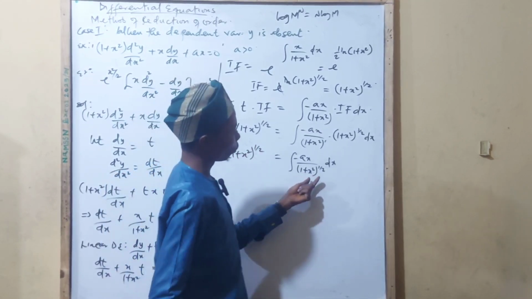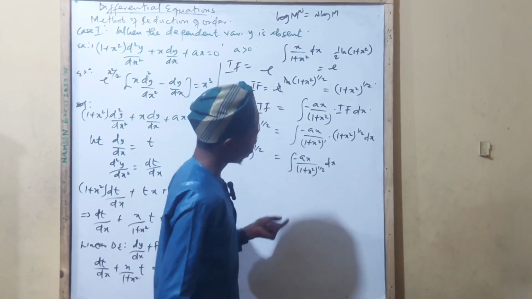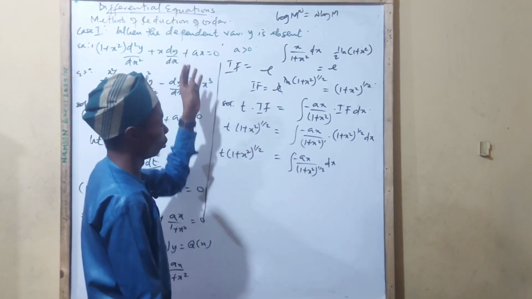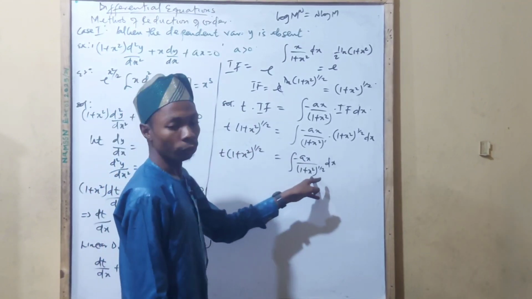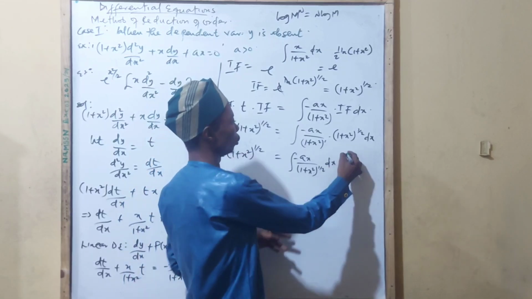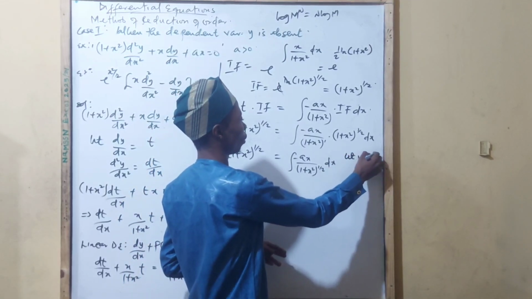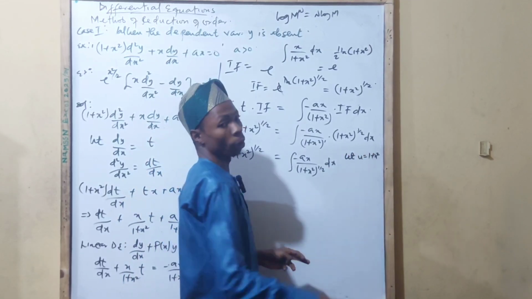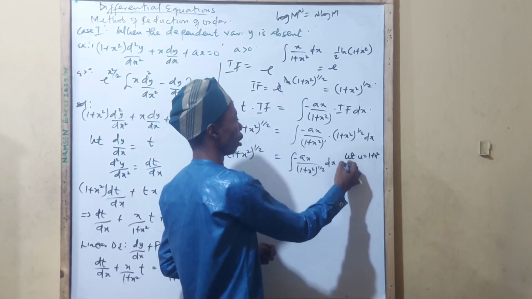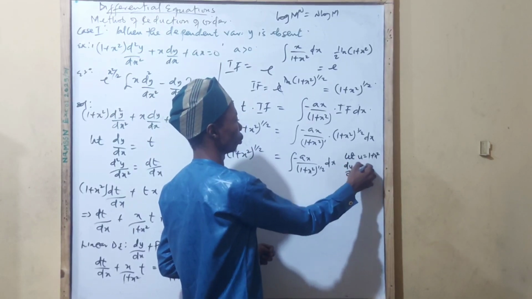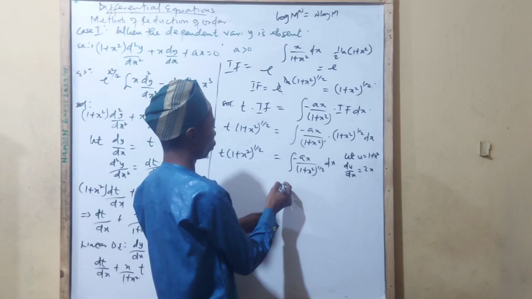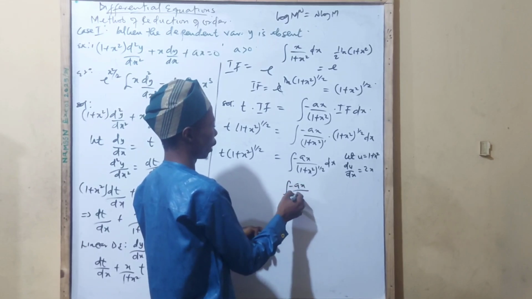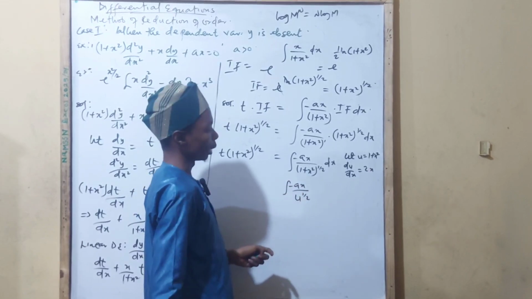So from here now, what are we going to use? How will I integrate? Don't forget, a is just a constant, so it doesn't give us any problem. U substitution. Let u equal 1 plus x squared. If u equals 1 plus x squared, du dx is equal to 2x. So this side we are going to have the integral of minus ax divided by u raised to power half, right?